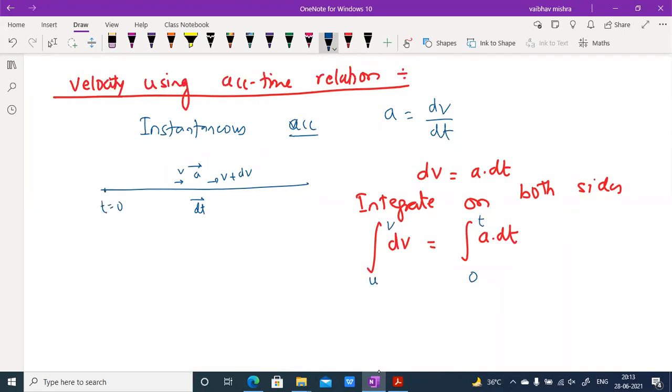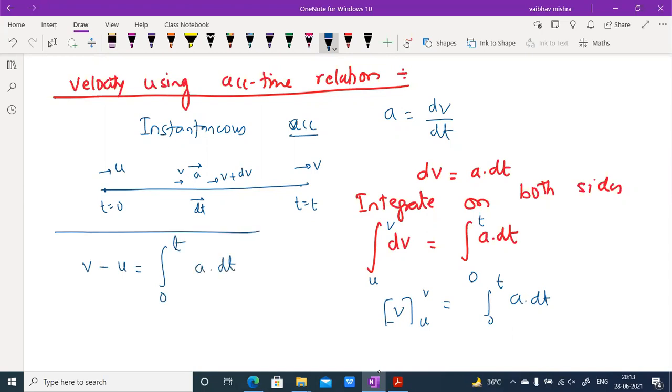When time t is 0, particle started with initial velocity u. After a time t, it acquired the velocity v. dv का integration आएगा v, and then we apply limit from u to v, 0 to t a dt. Upper limit v minus lower limit u will be equal to 0 to t a dt.